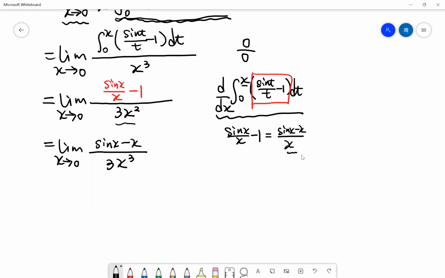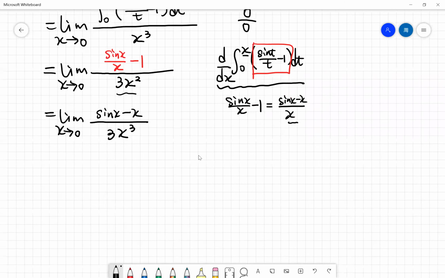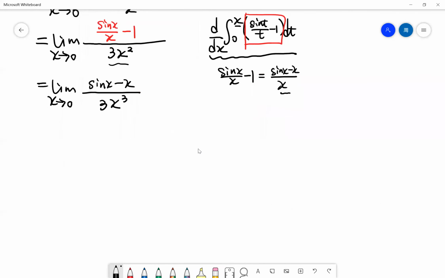Okay, and then that equals, here you will check again. If x approaches 0, 3x power 3 approaches 0, right? And here, sine 0 means 0, minus 0, so also approaches 0.